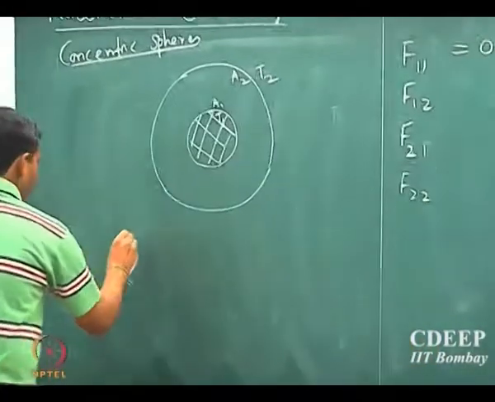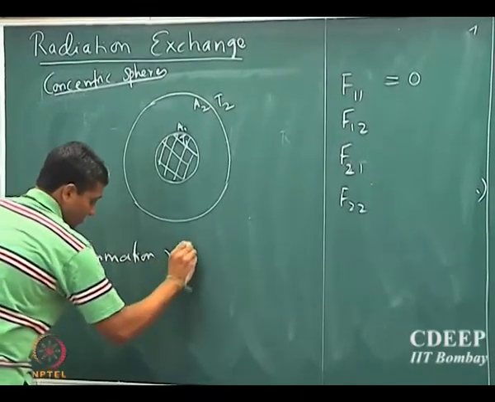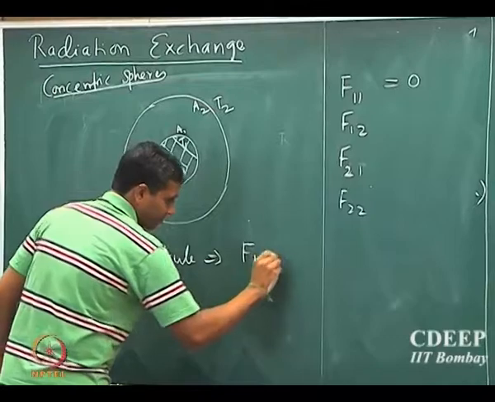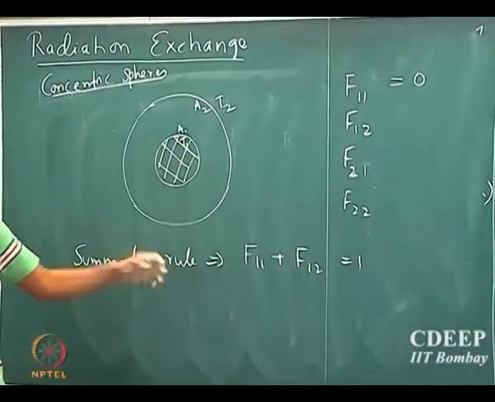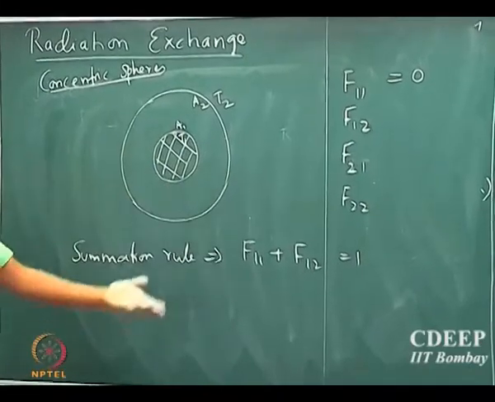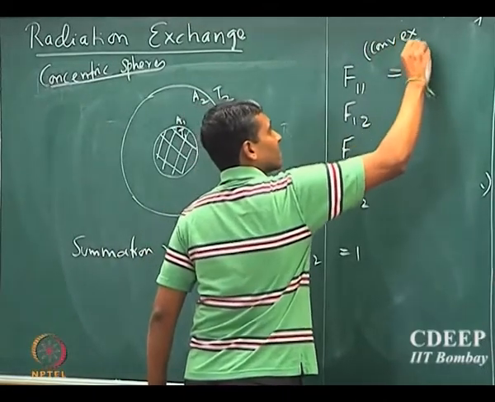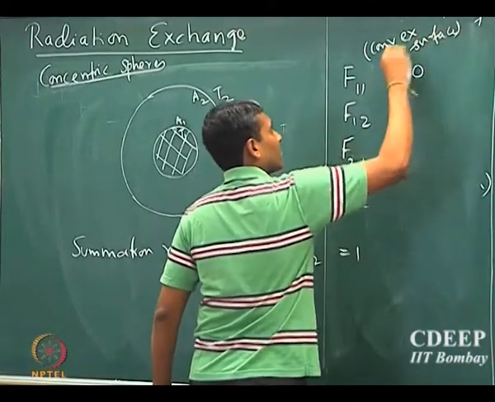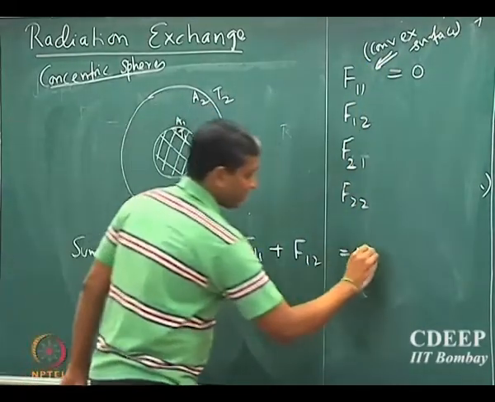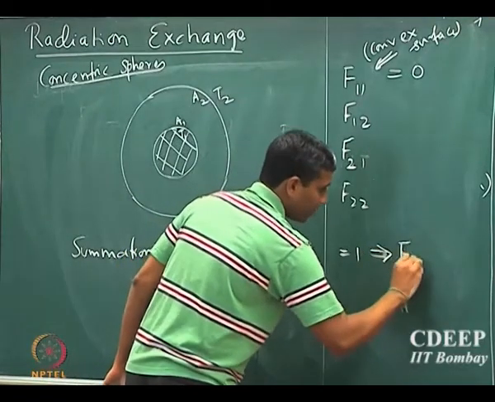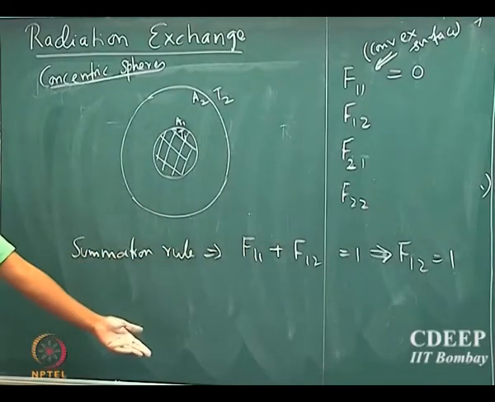So we know from the summation rule F11 plus F12 is 1, right? But we know that F11 is 0 because it is a convex surface, and from here F12 equal to 1.